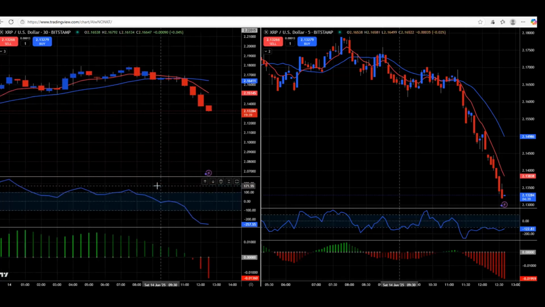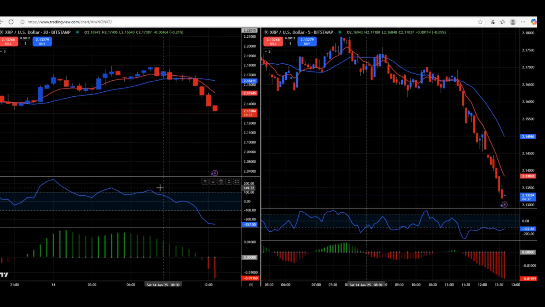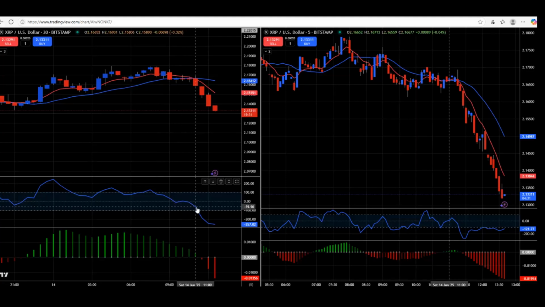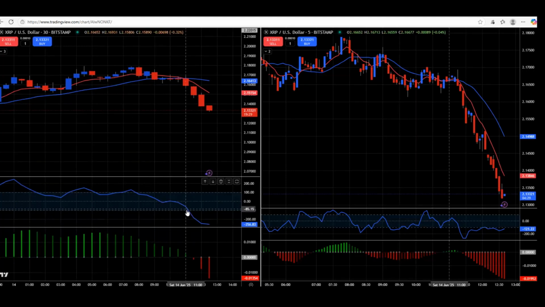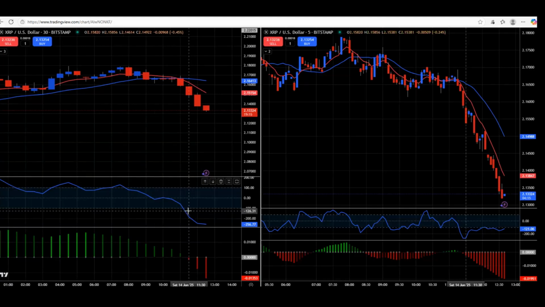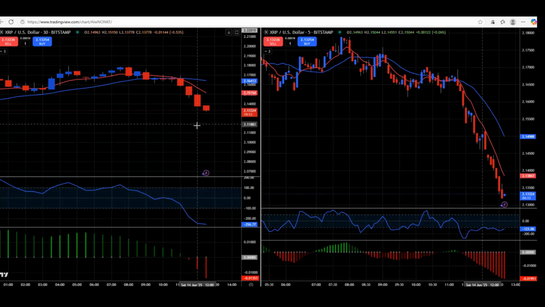So we look at the relationship of where the CCI line is in regards to those two lines. So whenever the CCI line crosses over the negative 100 line to the downside, we know that the bears are definitely in charge, and there is a strong probability that there's going to be a strong push to the downside.